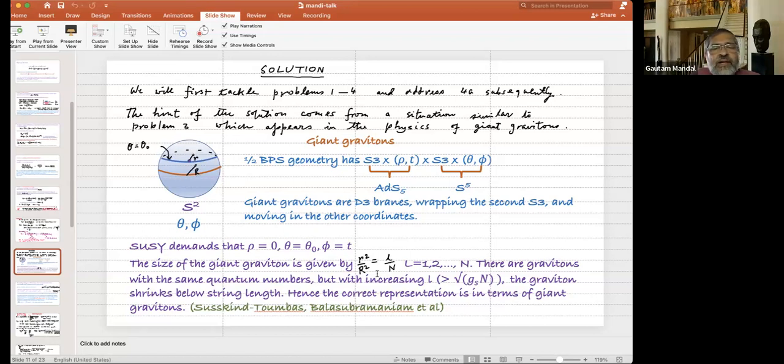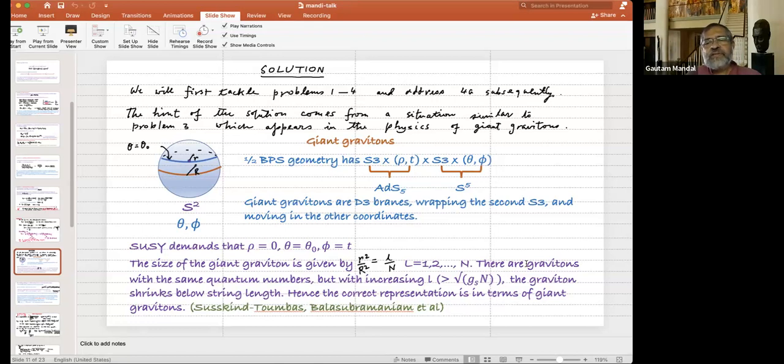If the equator has a radius capital R, which is the same as the radius of S5, the ratio between small r and capital R is given by this: r squared over R squared is L upon N.